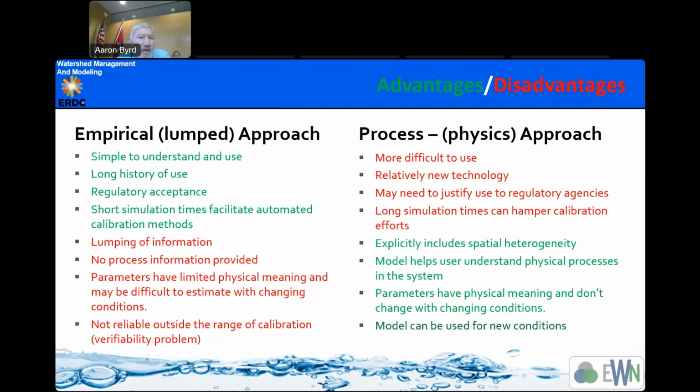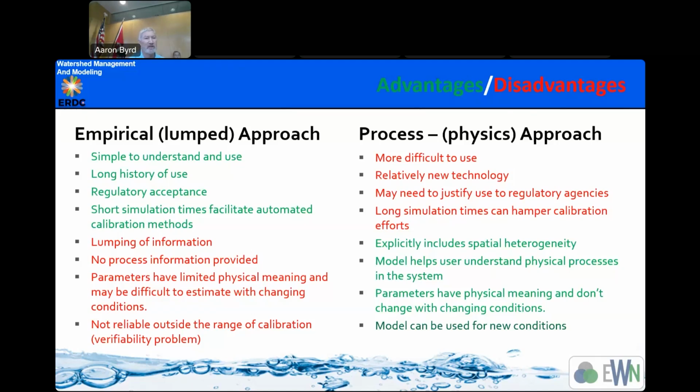And so that's an advantage. And then short simulation times facilitate automated calibration methods. And that's an important factor because we know that in calibration, there's a lot of different parameter sets that can produce the best result. And if you have short simulation times, you can really explore that parameter space.